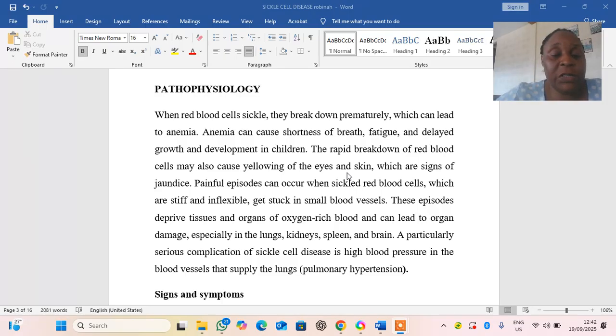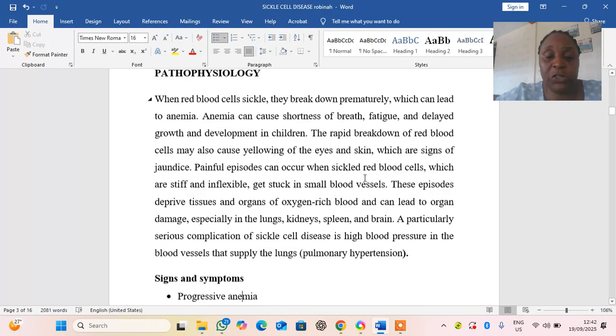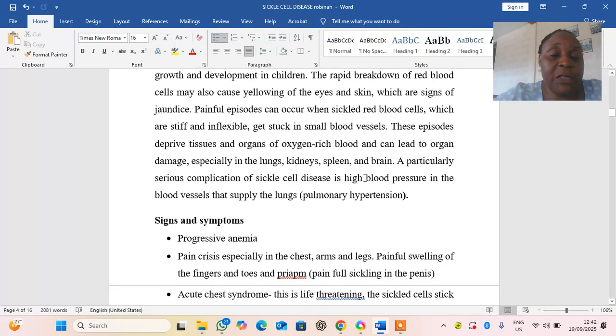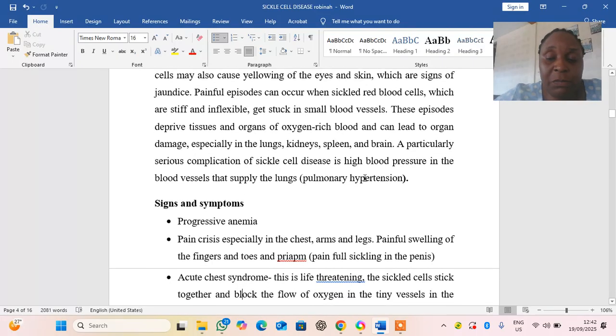So having got what happens in the body, that is the pathophysiology of the condition, let us look at the signs and symptoms. We shall have progressive anemia, which is coming up due to the high rate of hemolysis, the breaking down of the red blood cells.